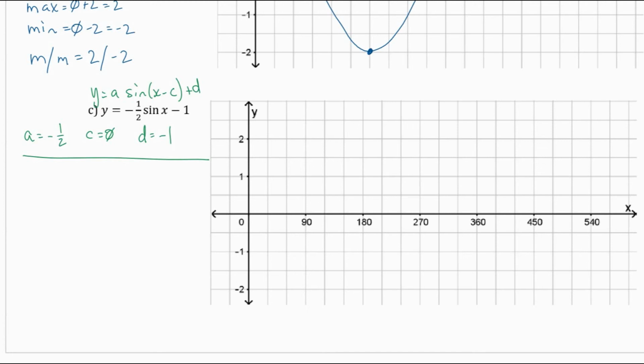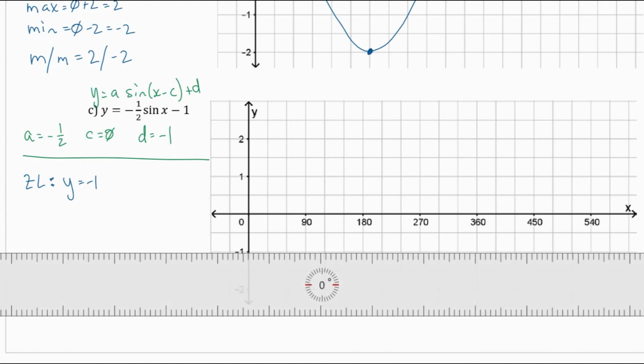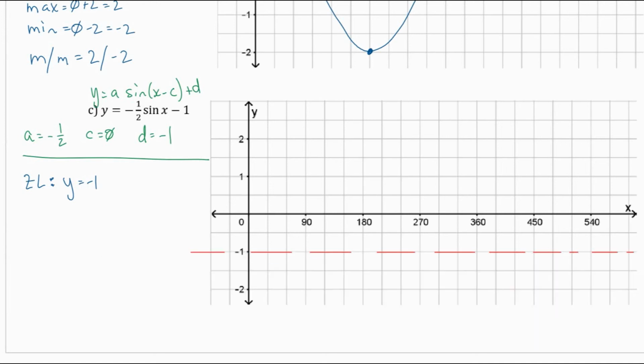Let's start with the 0 line. It's y equals negative 1. And if you want, you can go ahead and add that in right away. Of course, it's up to you. Okay. Now the amplitude, this one's a little bit different.